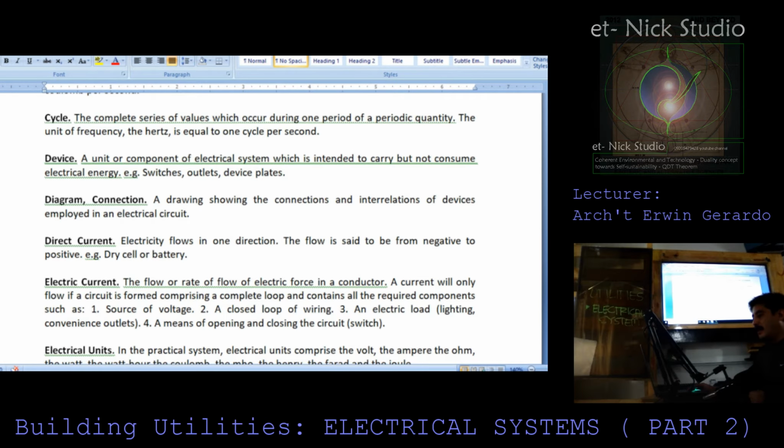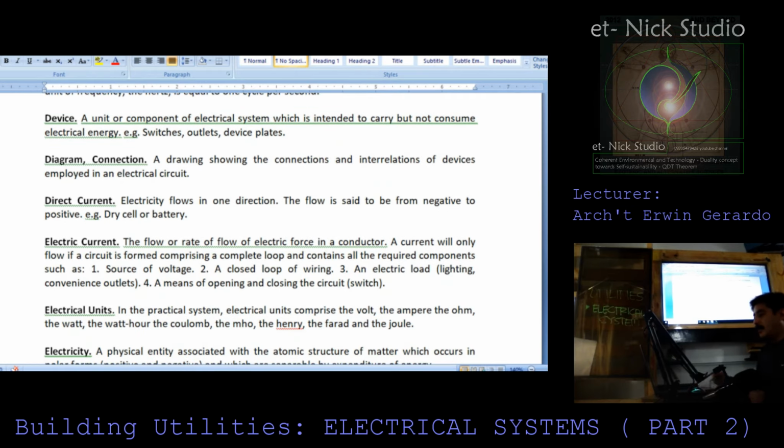Direct current, electricity that flows in one direction. The flow is said to be from negative to positive. Example, a dry cell or battery. Electric current is the flow or rate of flow of electric force in a conductor.